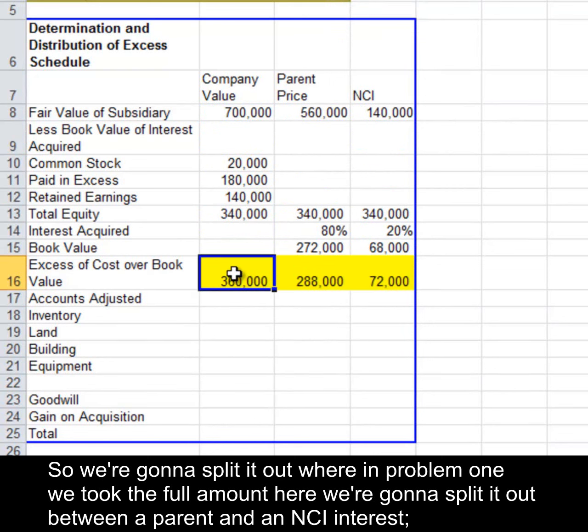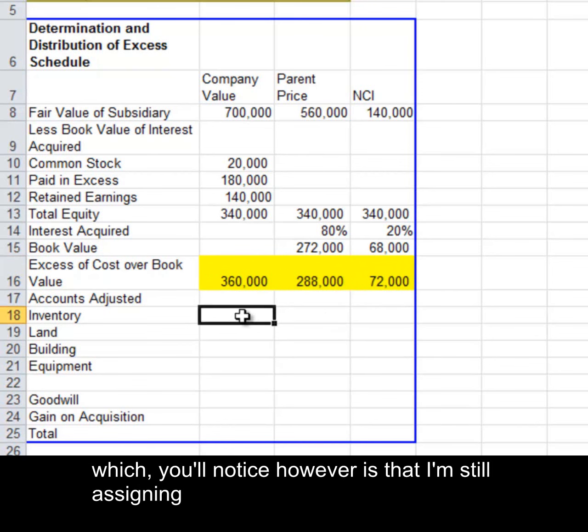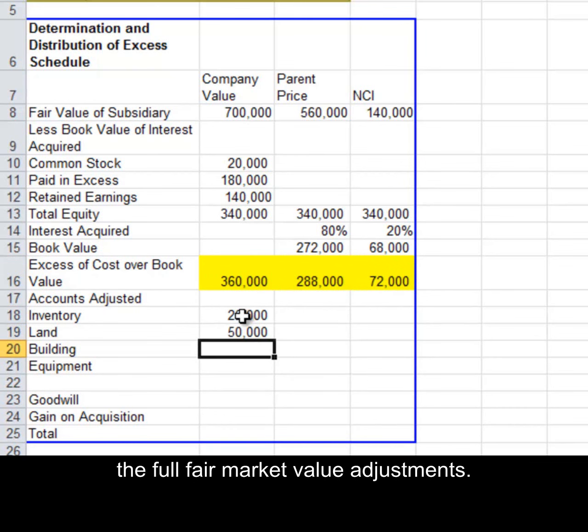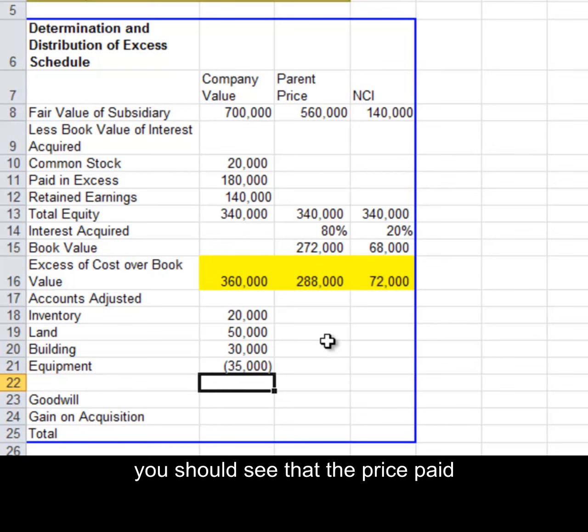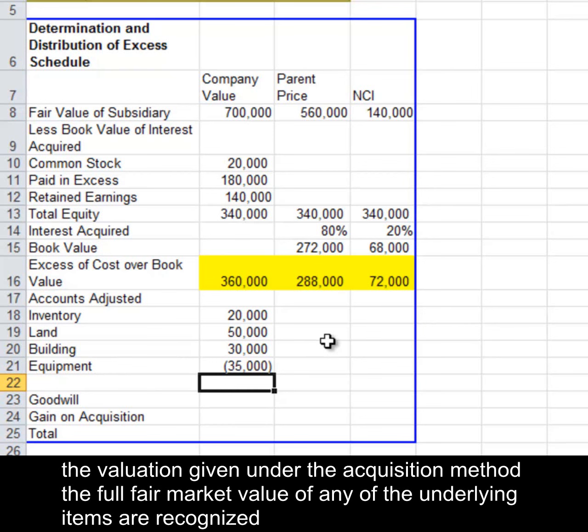Where in Problem 1 we took the full amount, here we're going to split it out between a parent and an NCI interest. What you'll notice, however, is that I'm still assigning the full fair market value adjustments. So between Chapter 1 and our problems now in Chapter 2, you should see that the price paid, whether goodwill or bargain position, and the ownership acquired, whether 100 or 80%, does not impact the valuation given.